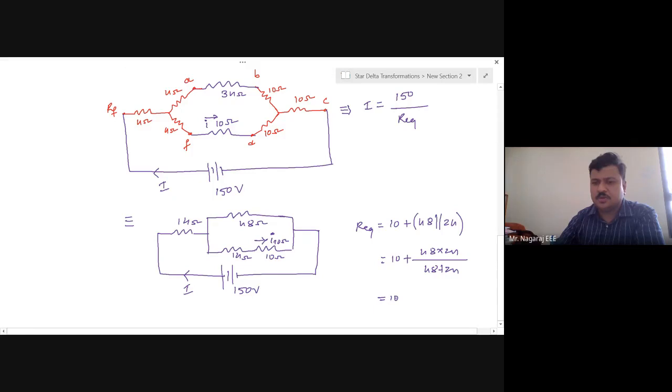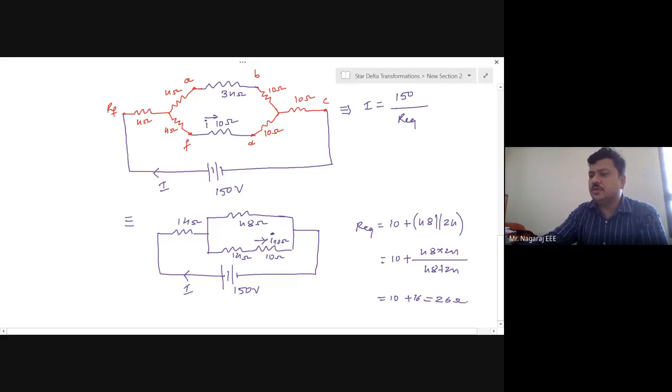So this comes out to be 10 plus 16. That is 26 ohms.